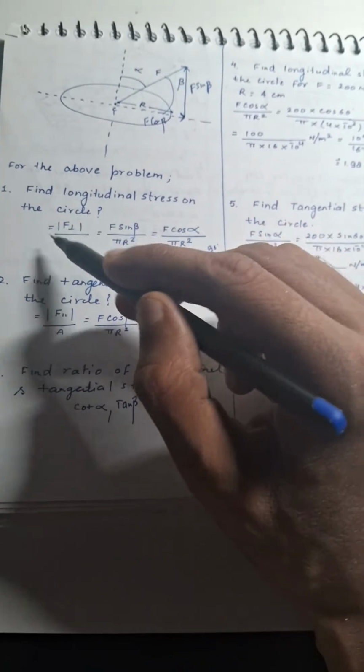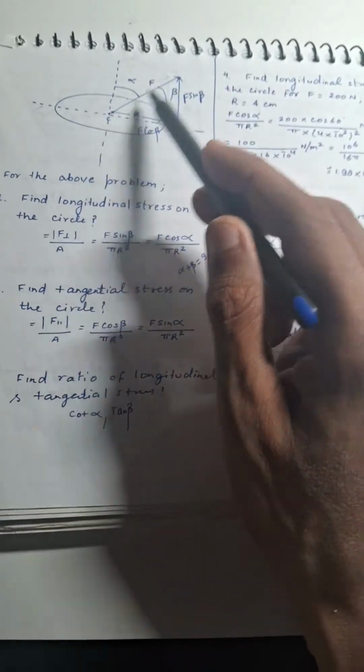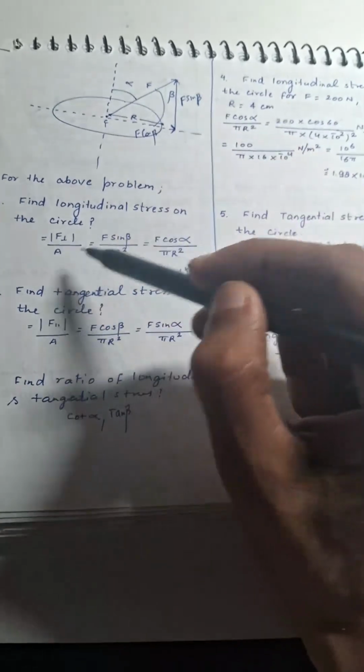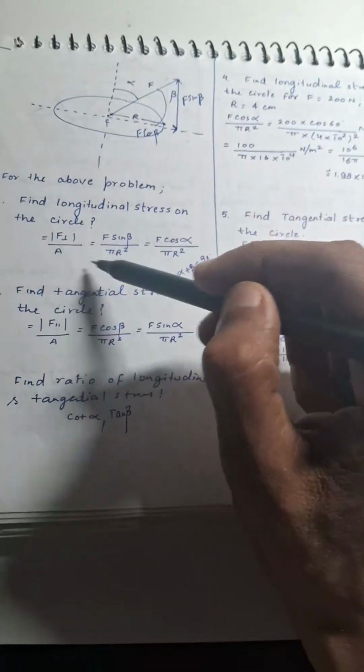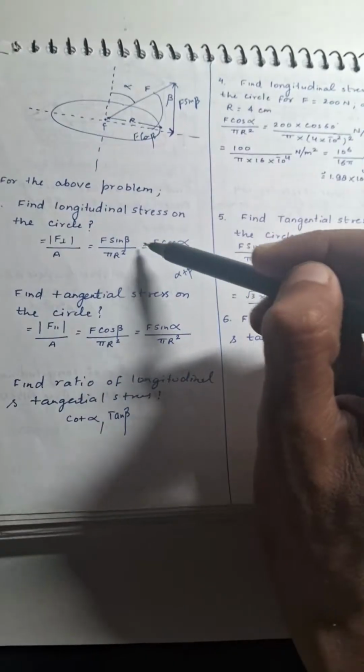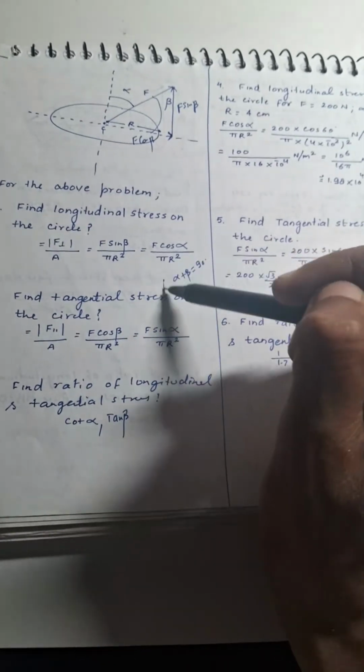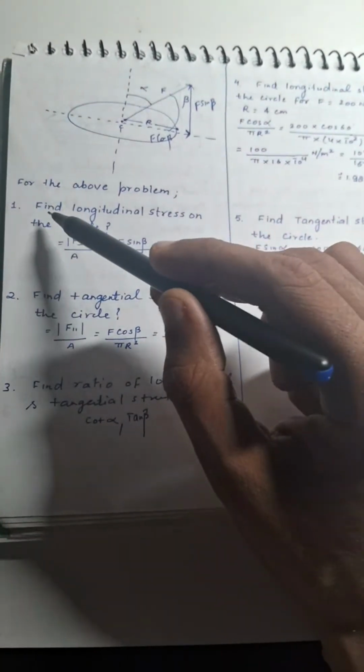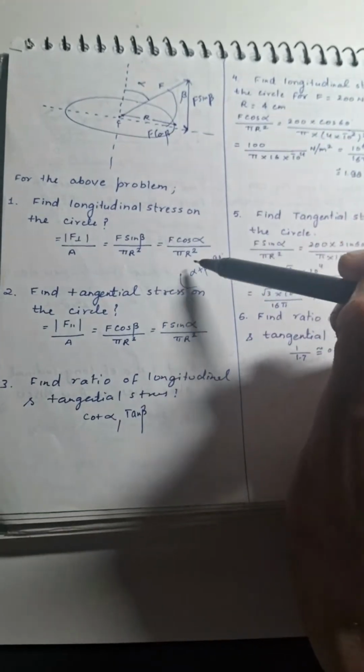I denote this as F perpendicular. The component of force comes out to be F sin beta, and area here is pi r square. Now sin beta can also be written as cos alpha because alpha plus beta is 90. In this way we can find longitudinal stress on the circle.